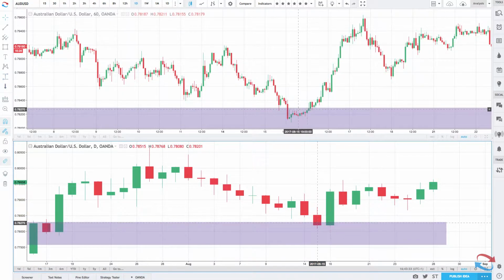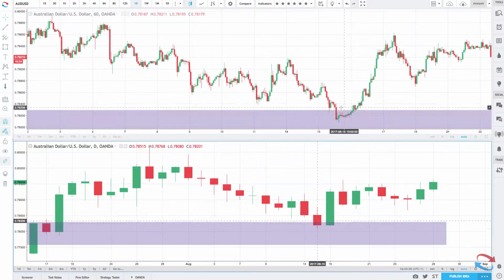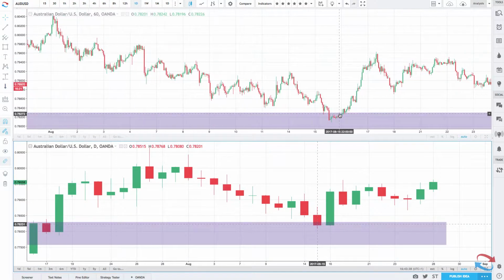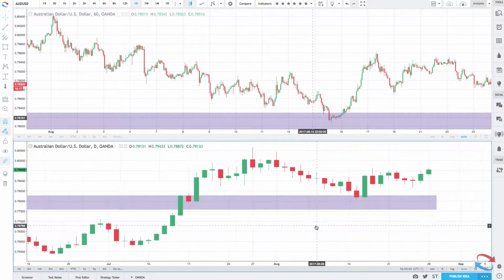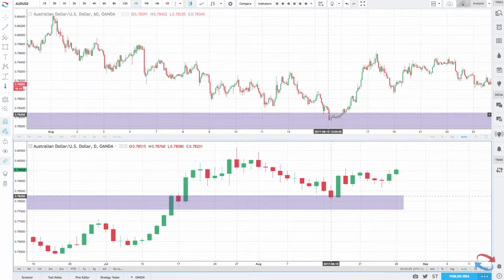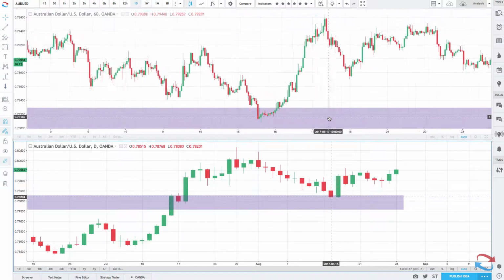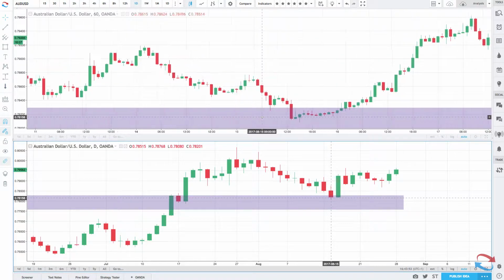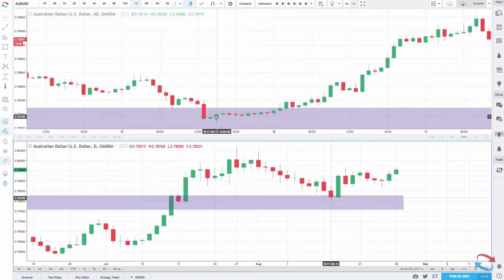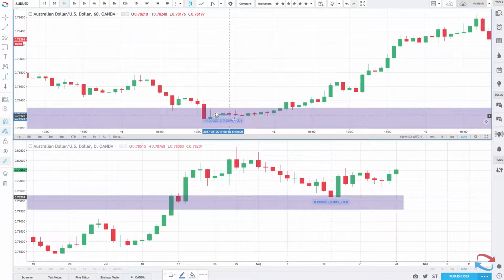Whereas if traders are looking to buy on the hourly chart, as prices come down into this zone on the daily chart, they would look to an hourly chart on the above chart and look for an entry here. So this is where they get maybe a bullish pin bar right here, and then they would have only, they entered on the close of that candle, possibly maybe something like 15 pips risk.